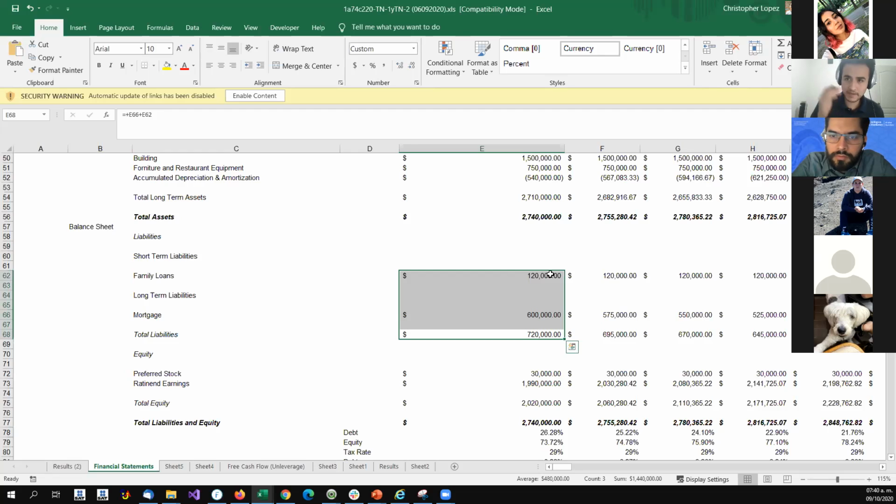You might have vendors or credit notes or other items that for accounting purposes are liabilities, but for financial analysis and the cost of money over time, they are not part of the financing activities of the company. We need to be very clear on that.